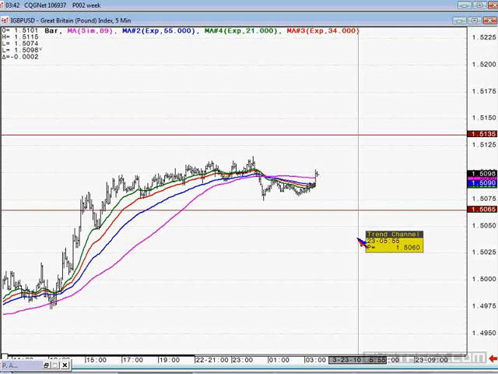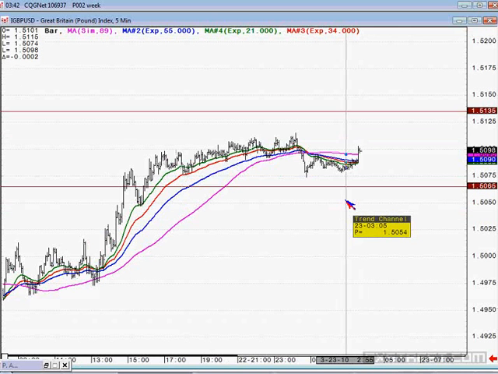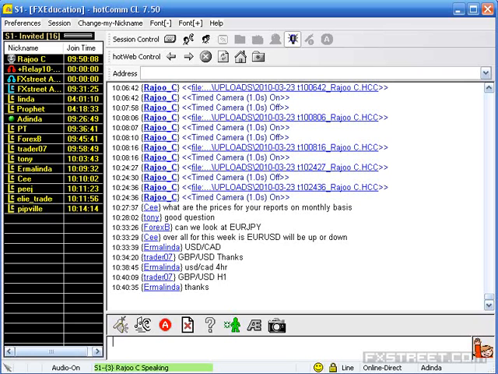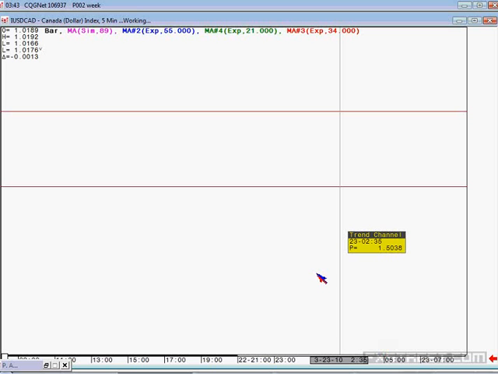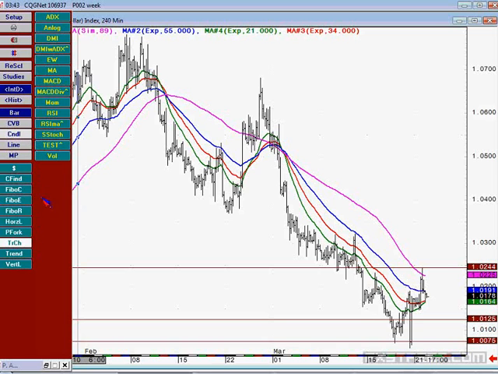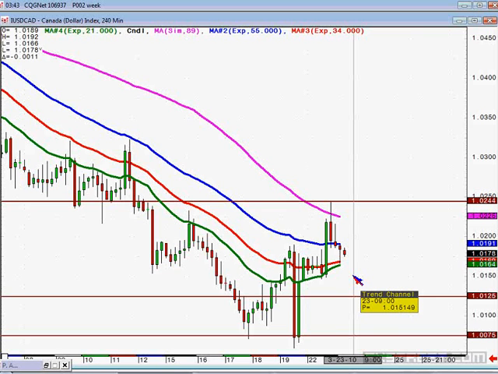I think the next question we have more or less discussed: 2 hours versus 4 hours. I think it doesn't make much difference because the patterns look similar, right? So it doesn't matter whether you're looking at a 2 hour or 4 hour chart. The same thing goes if you're looking at a 1 hour or 2 hour chart.